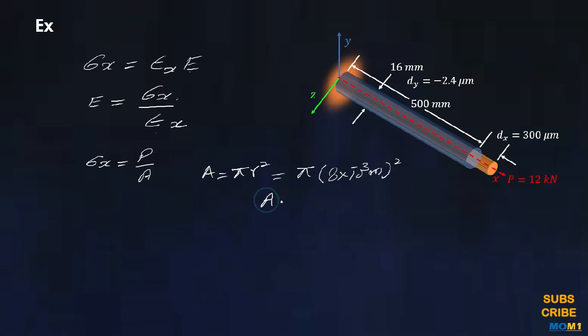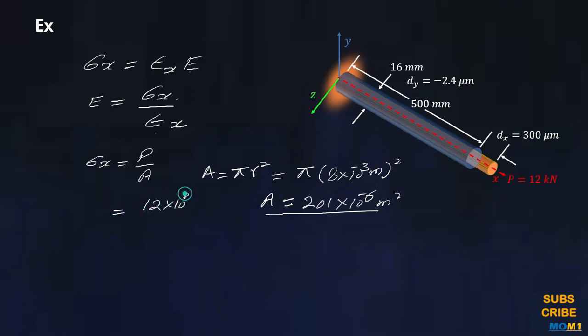So we calculated the area, that is 201 into 10 raised to power minus 6 meter square.